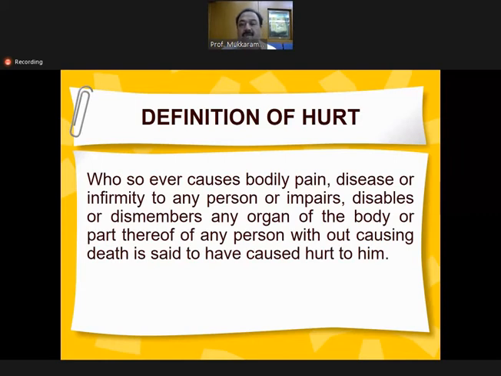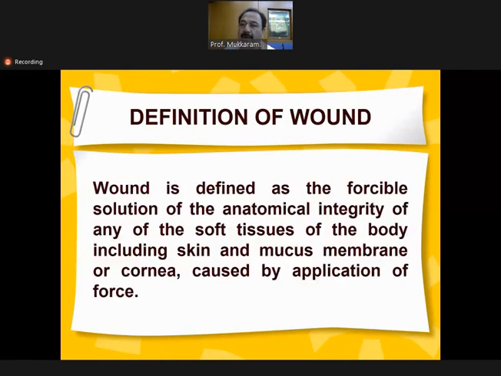Whoever causes bodily pain, disease, or infirmity to any person, or impairs, disables, or dismembers any organ of the body or any part of any person without causing death, is said to have caused hurt to him. You usually use the words, you have hurt me, or the hurt has been produced. So any person who produces body pain, disease, or infirmity, deliberately or undeliberately, will come under hurt.